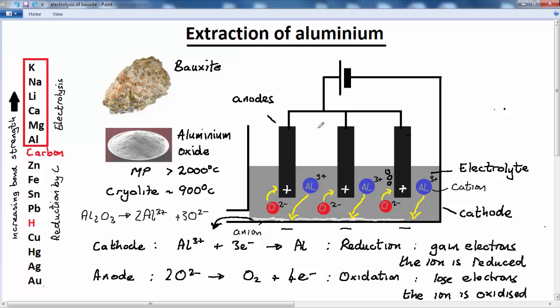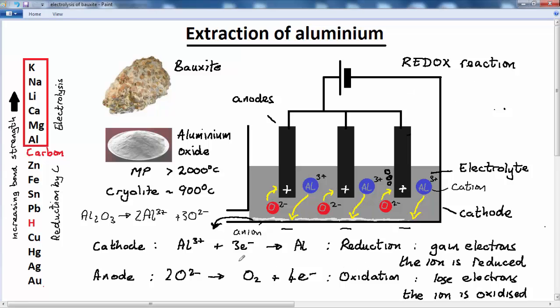So we call this electrolysis reaction a redox reaction. I'll write that up here. There's not much space left on this diagram really. It's a redox reaction, and what that means is that there is both reduction and oxidation taking place at the same time. You get reduction at the cathode, oxidation at the anode, a redox reaction.